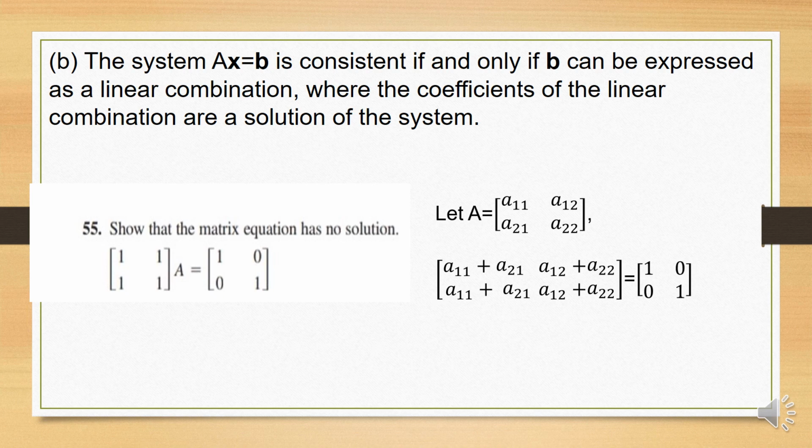Then the next column, a sub 11 plus a sub 21 is 0, and a sub 12 plus a sub 22 is 1, because a sub 11 plus a sub 21 is 1, and a sub 11 plus a sub 21 is 0.